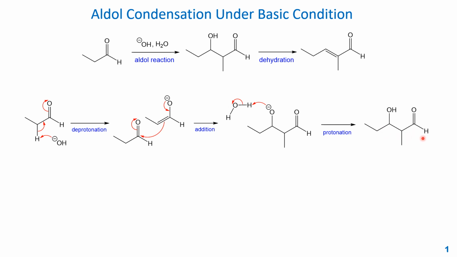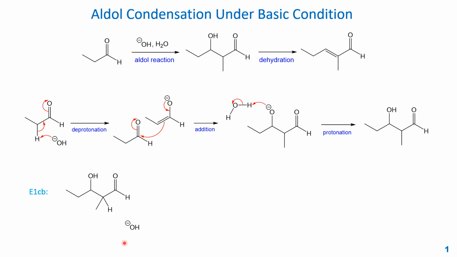And then this protonation gives you this neutral intermediate. It's called aldol product. Now the second step under basic condition follows an E1CB mechanism. E1, C means conjugate, B means base. That means it will form a stable conjugate base of this aldol product.